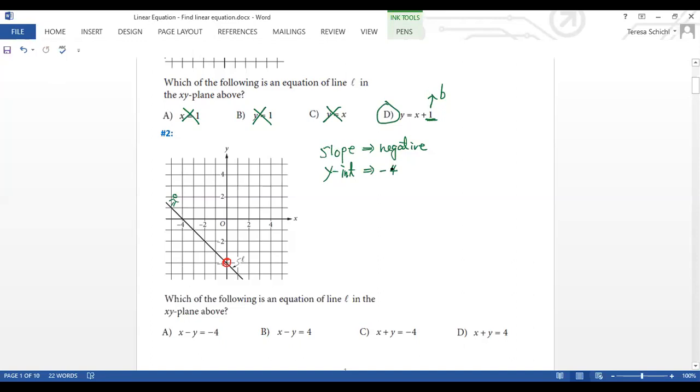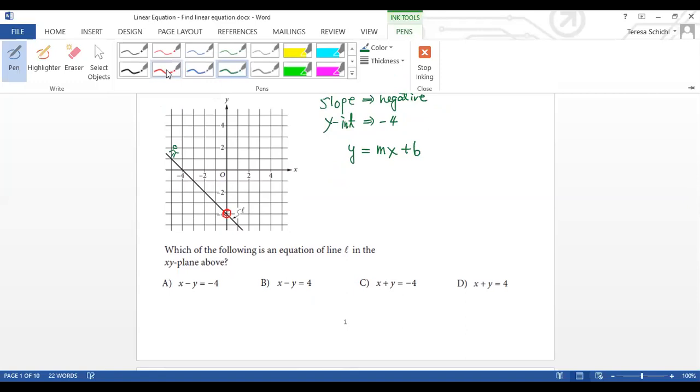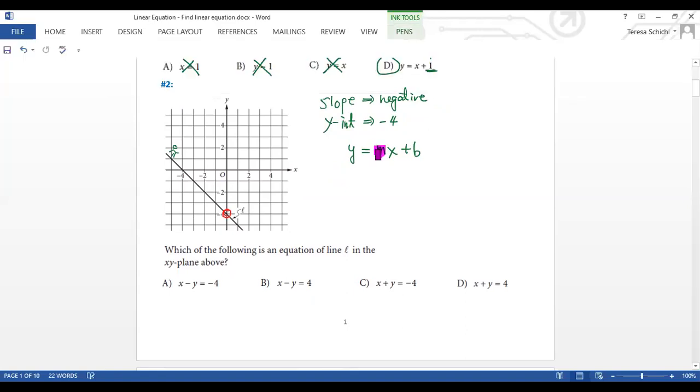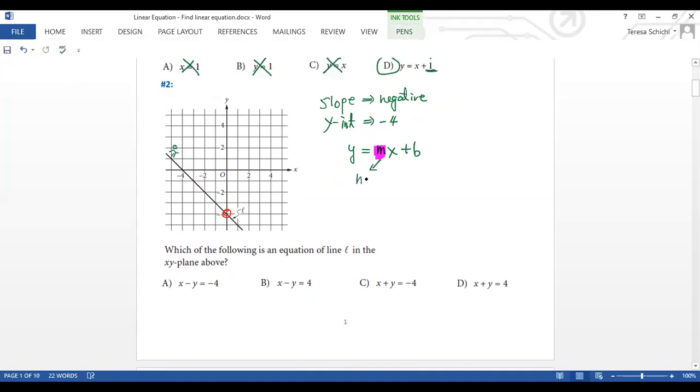So now let's take a look at which one will satisfy our relations. Remember y equal to mx plus b. So I know the slope here has to be negative, right?